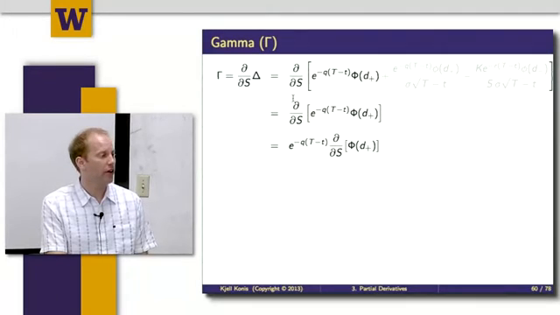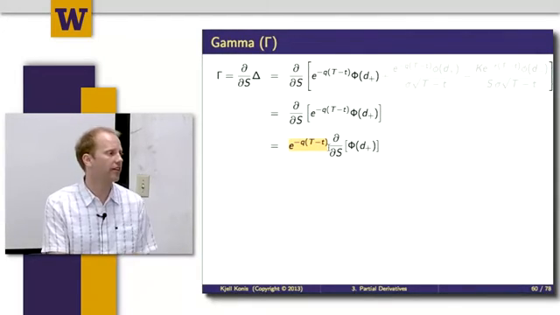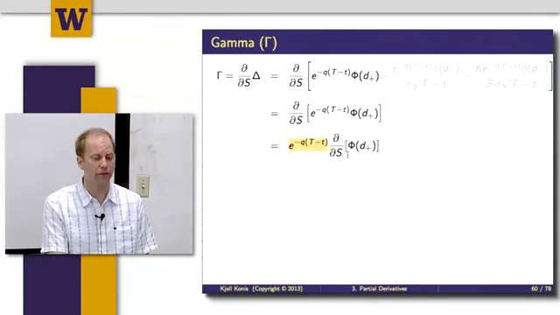And so when I'm taking the partial derivative with respect to s, e to the minus q(T minus t) has no s in it, so I can treat that as a constant, so I can move that across the derivative operator. And so all I need to do is take the derivative with respect to s of capital phi of d plus.